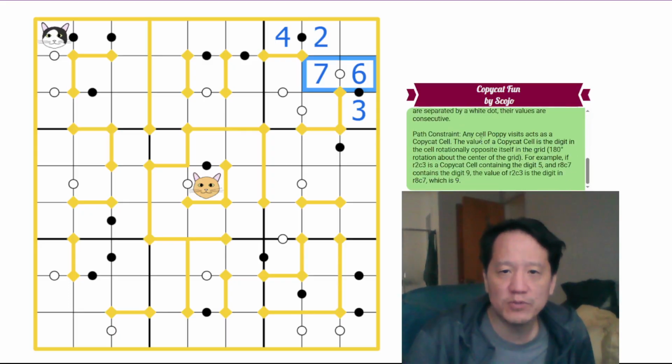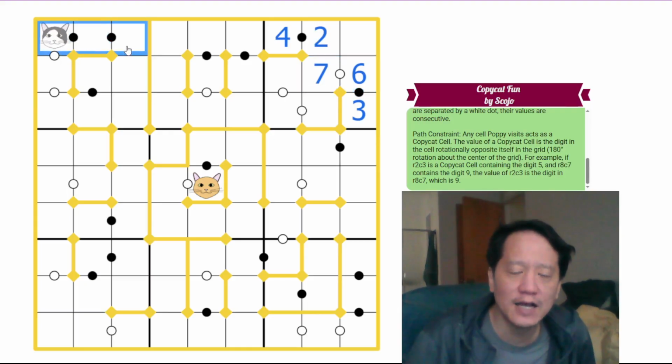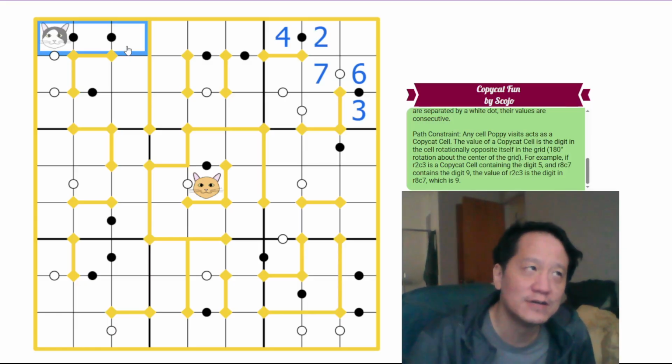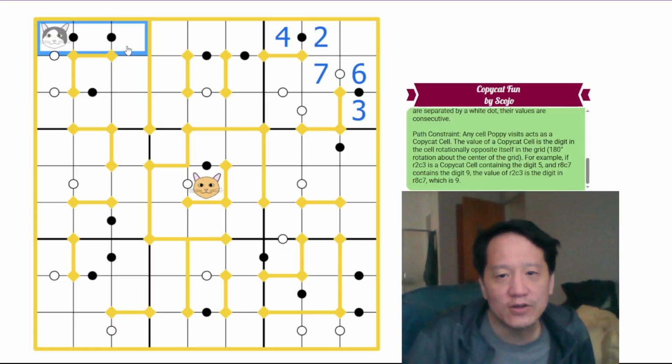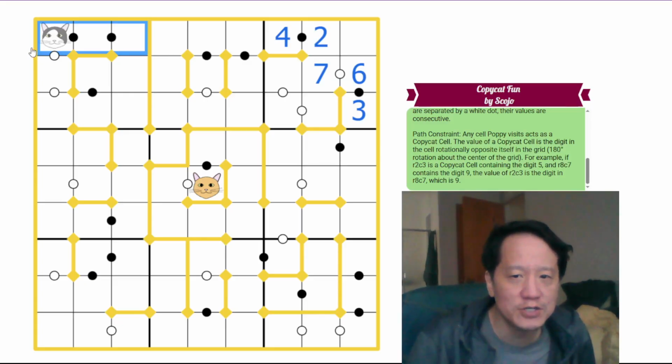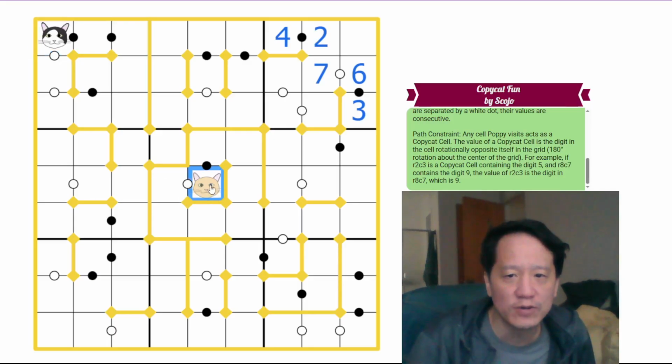And finally, we have the path constraint, where any cell Poppy visits acts as a copycat cell. Oh boy. The value of a copycat cell is the digit in the cell rotationally opposite itself in the grid, which is 180-degree rotation about the center of the grid.